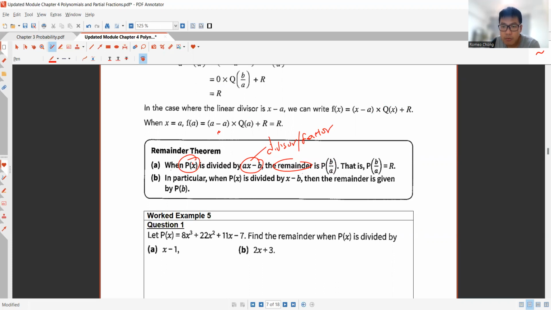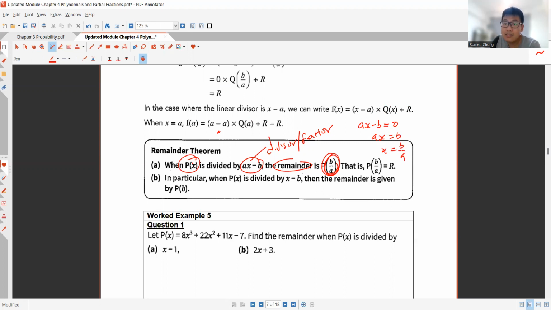So in P(b/a), the b over a is actually obtained from the divisor. Let's say you use ax minus b to divide the polynomial. When you make this equal to 0, you get ax equal to b, x equal to b over a.